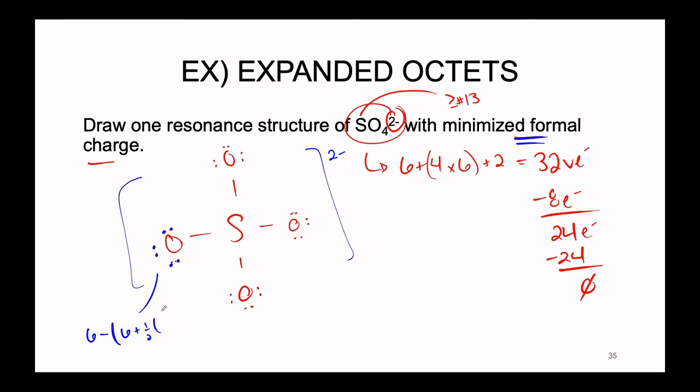We're going to add that to 1/2 of the bonding pair, which is 2 electrons. This gives us a -1 formal charge, and that's going to be true for each of these oxygens around the structure. Now we can already see that we are going to end up in a situation just like the chlorate ion before, where the valence shells are all completely filled.